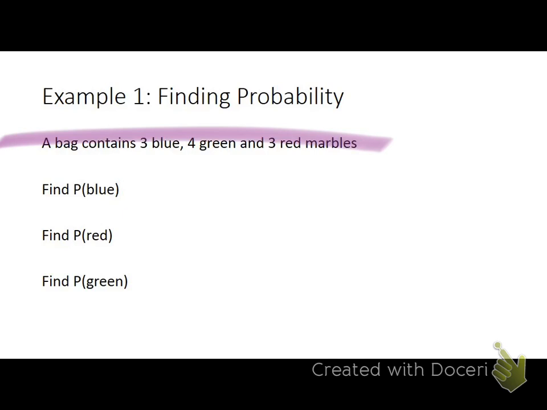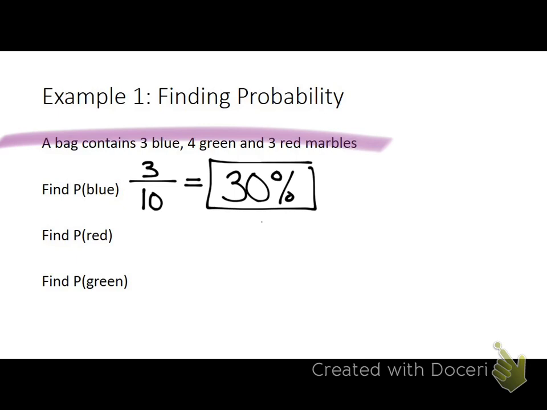That's what I call my favorable outcome. How many blue marbles are there? 3, out of how many total? 10. So that would be 30%. My probability of selecting a blue marble is 30%.